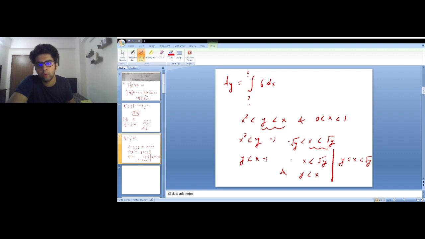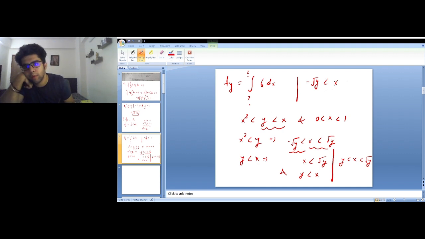My x is greater than y, and you can have this question: why am I not including this limit? Why am I not including minus root y, x less than minus root y? Why am I not including this, right? So we know that y is positive, therefore y is greater than minus root y, obviously, because y is positive and minus root y is negative, right?